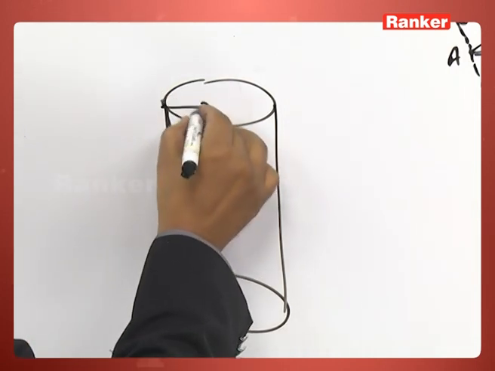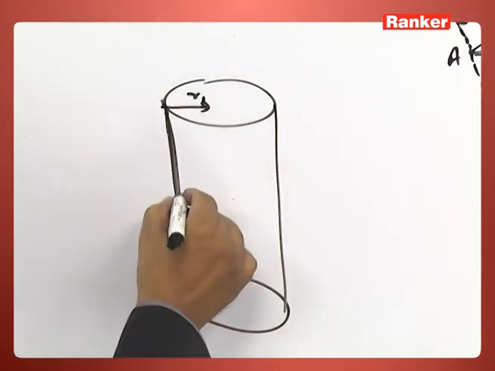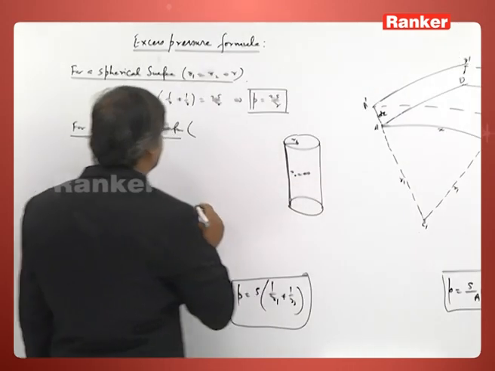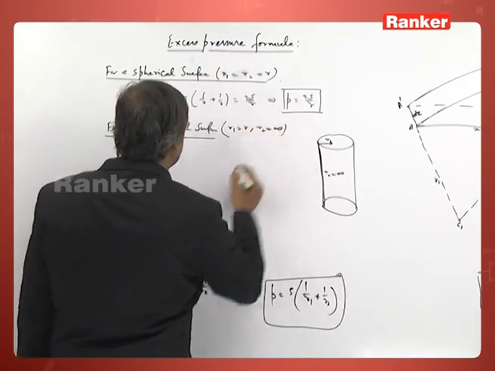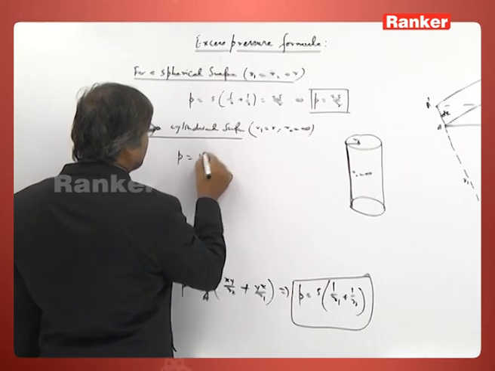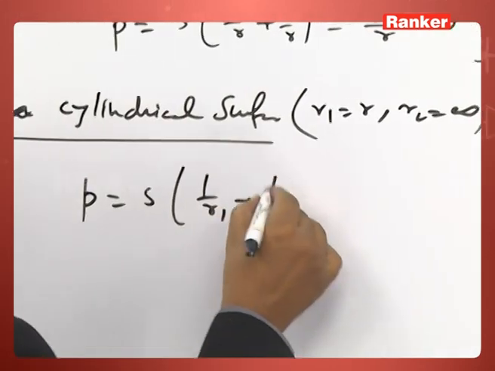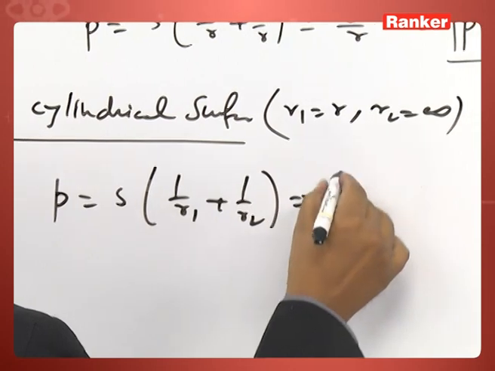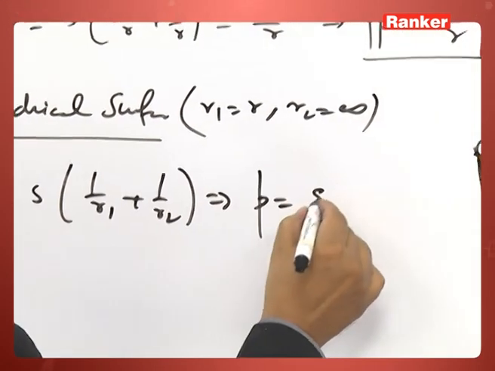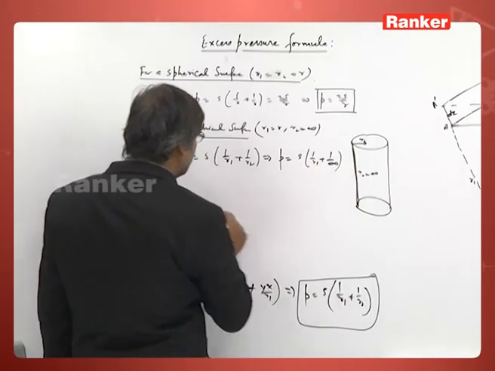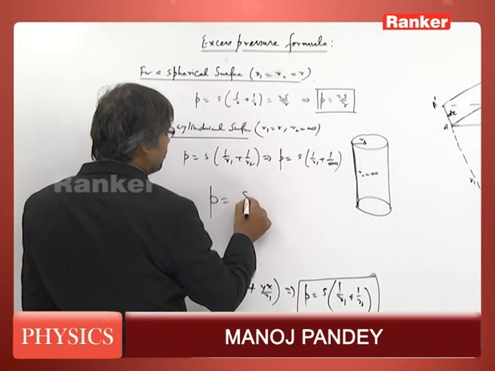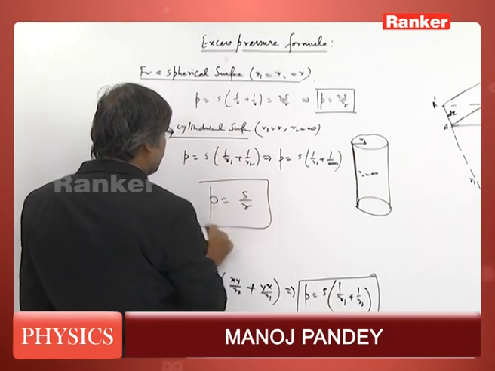So one radius is R1 and the other radius R2 is infinity. So R1 is equal to R and R2 is equal to infinity. So in the excess pressure formula with 1 by R1 plus 1 by R2, we get S times 1 by R plus 1 by infinity, that is 0. So the excess pressure formula is S by R for a cylinder.